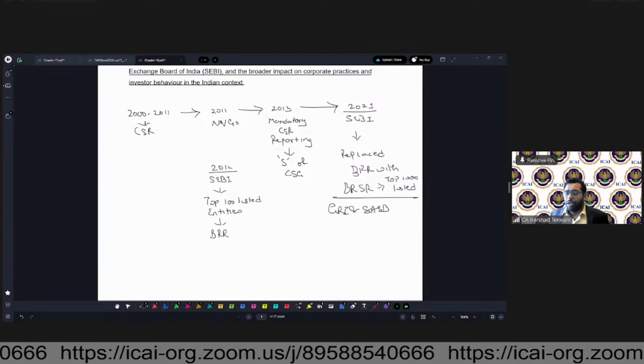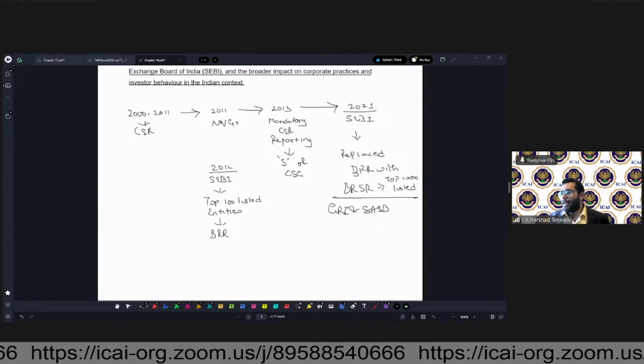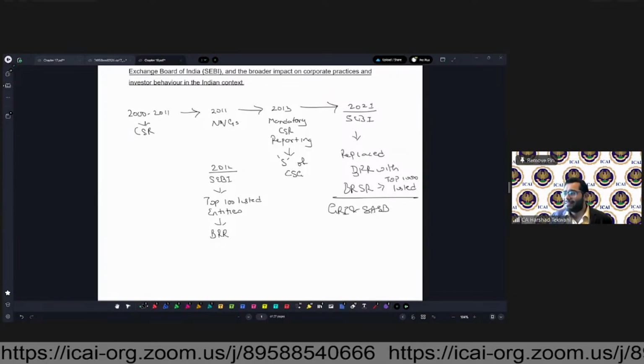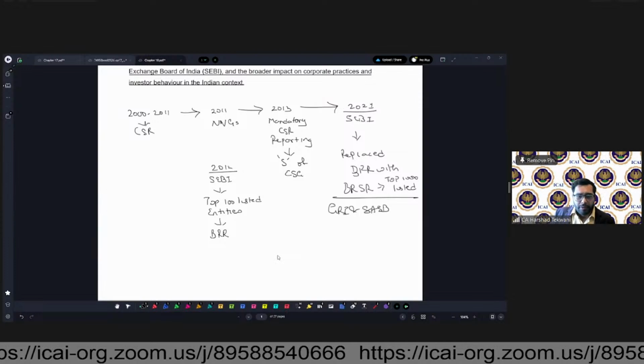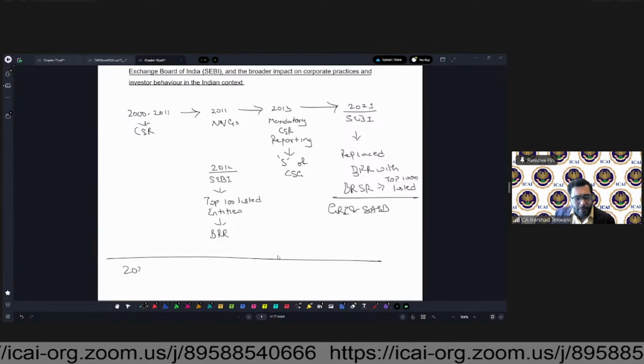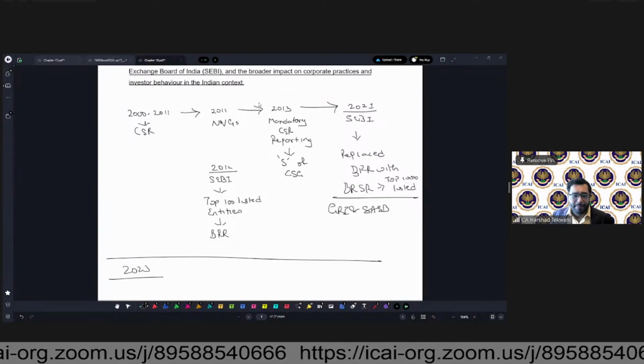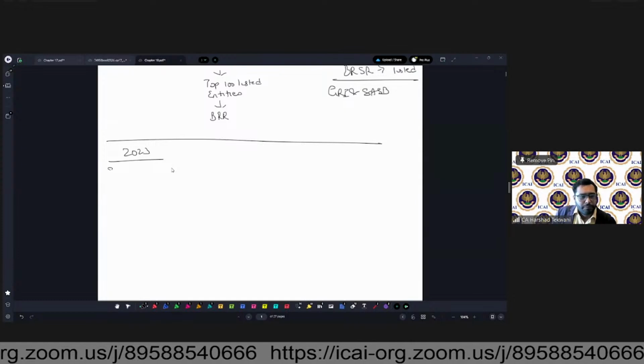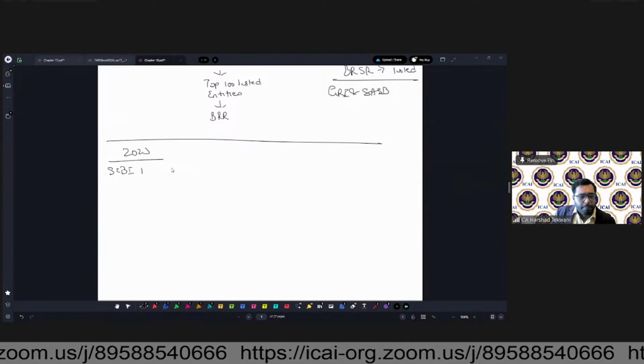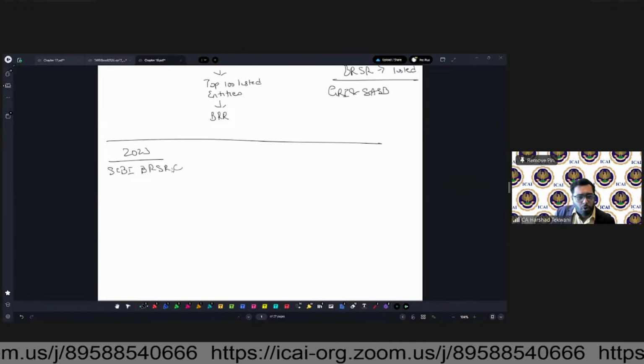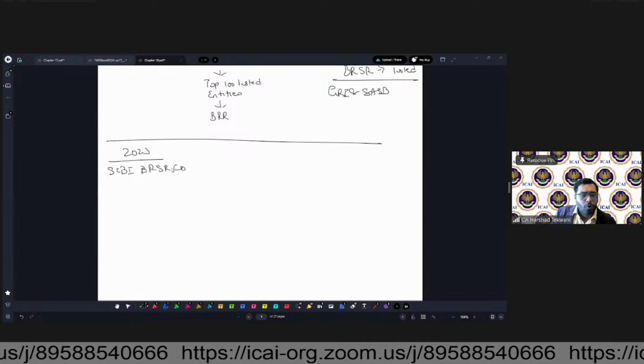Now, in 2023, SEBI introduced the BRSR Core. What is BRSR Core?